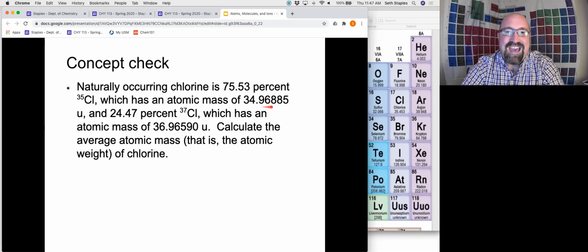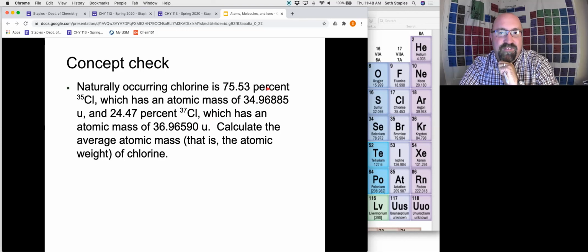And so here's our mass of chlorine 35. The remaining chlorine, 24.47%, is chlorine 37, which has a mass of 36.96590 units.